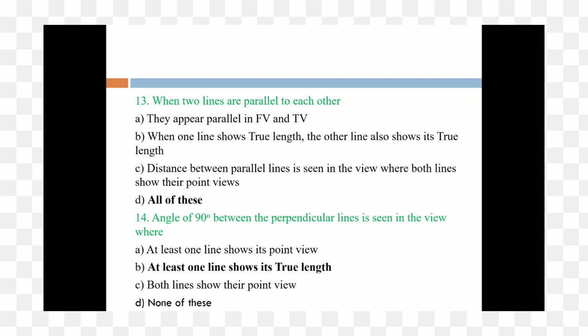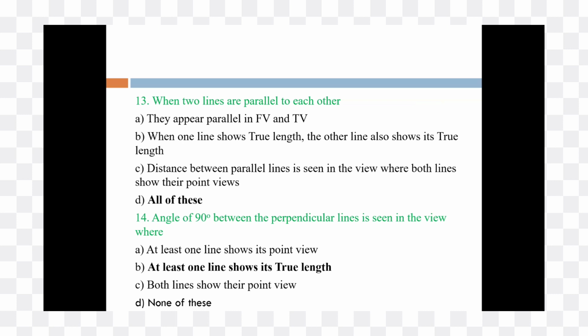None of these. Actually, in the concept of perpendicular lines, there are two possibilities where we can get the 90-degree angle between the two lines. One is that both lines show the true length, and at that time we will get the 90-degree angle.